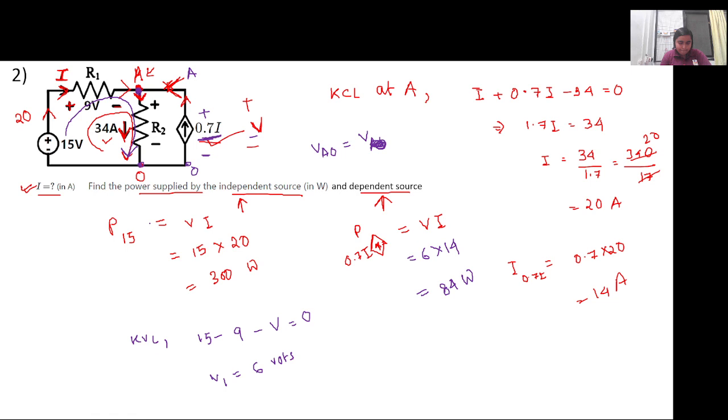So this will equate to around 384. Just do it later on as a part of your practice, just to check that the entire power that is getting supplied by the two different sources is getting dissipated in the resistors. Okay.